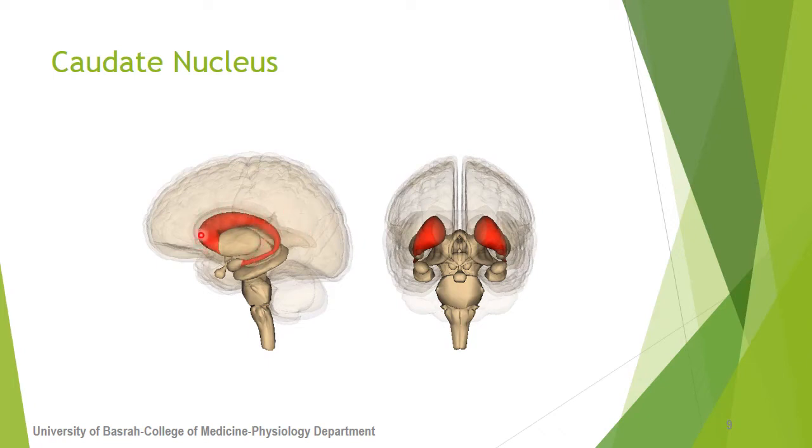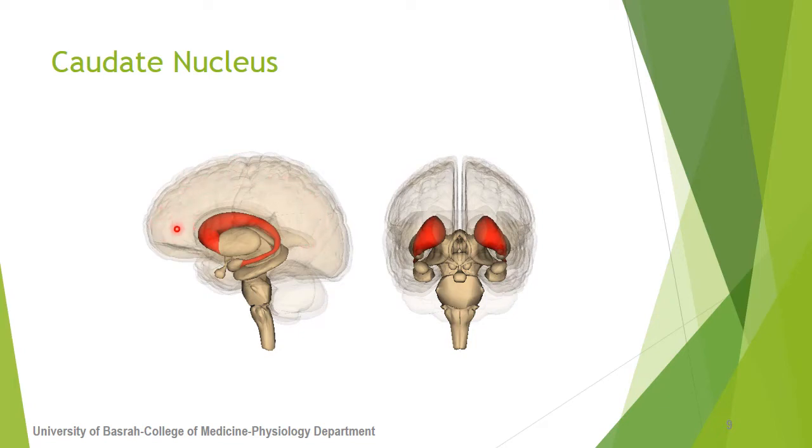Because of that shape, it will lie adjacent to many parts of the cortex, adjacent to most of the lobes.